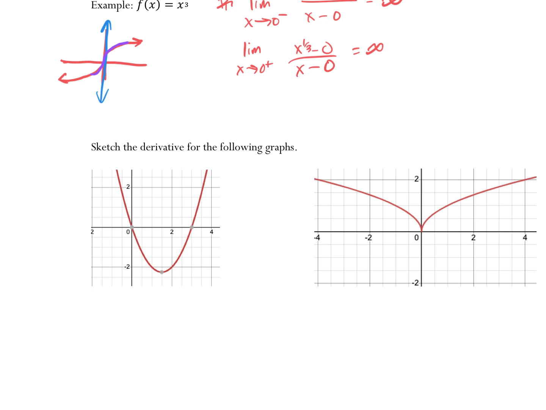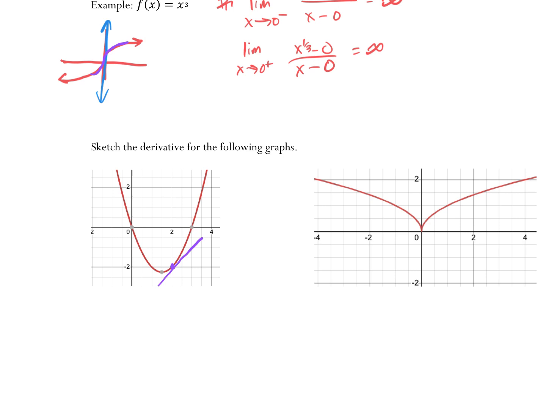So to do this, if I'm drawing a graph of the derivative, I'm going to pick a few points and estimate what is the slope at those points, since the derivative is the slope at any given point. So for example, if I look at this point right here, what does the slope of that line look to be?